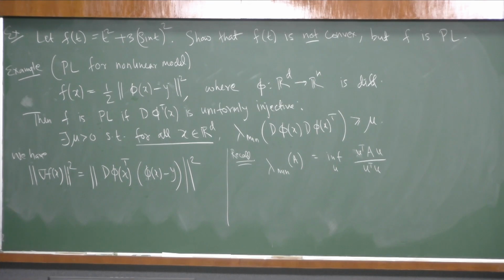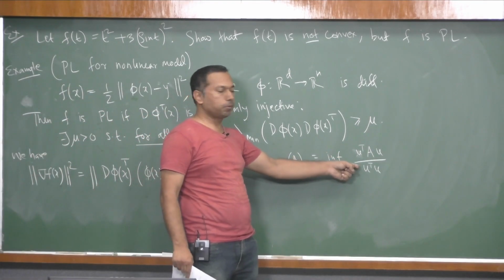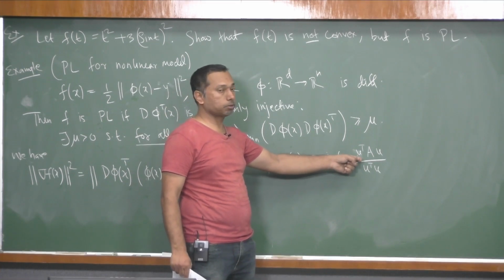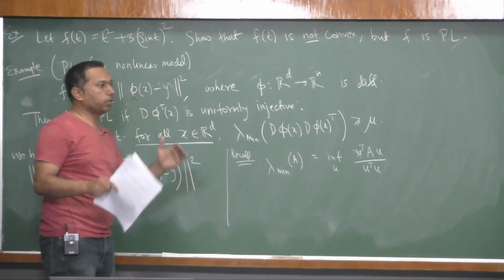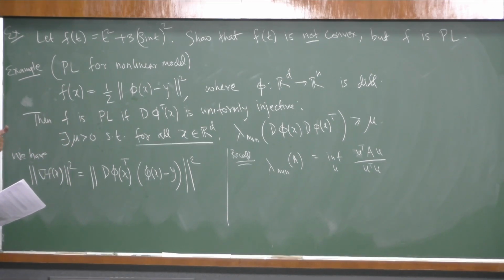Basically you take the infimum of this U transpose AU divided by U transpose U, and the U for which this will be achieved will be your eigenvector corresponding to the smallest eigenvalue, because by nature an eigenvector tells me the smallest stretch that I am going to do in that direction, right?